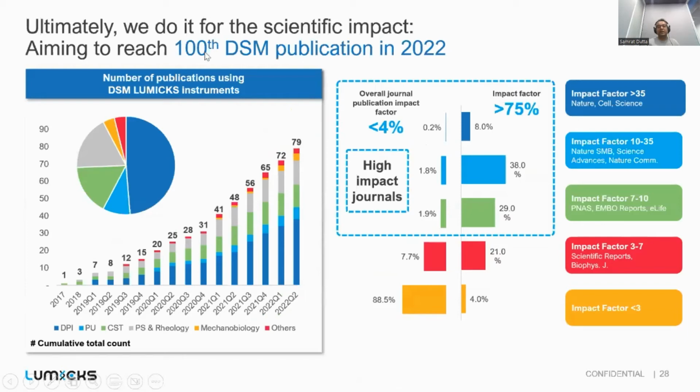Till date, we have already crossed 100 publications using the C-Trap or the DSM technology, and the average impact factor of most of these journals is more than 7, which means that over a 4-year period, every 6 months we have been publishing close to 25 very high impact factor journals, which gives an indication of how remarkable this technique is, and also gives us an insight into where the field is heading.